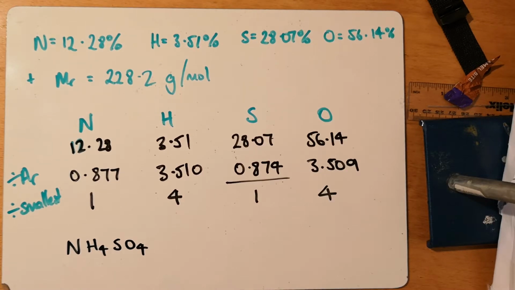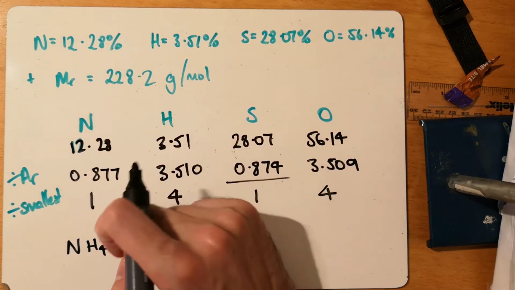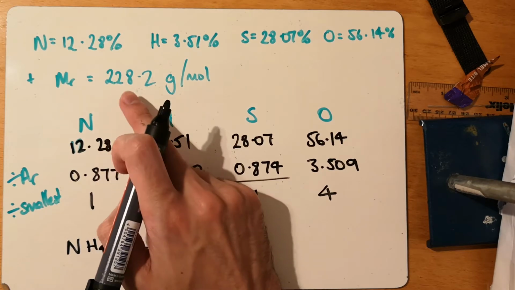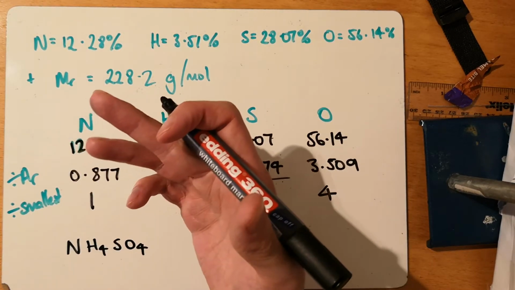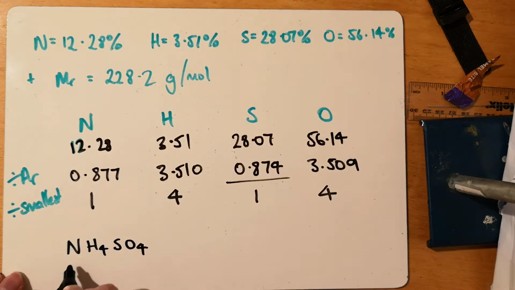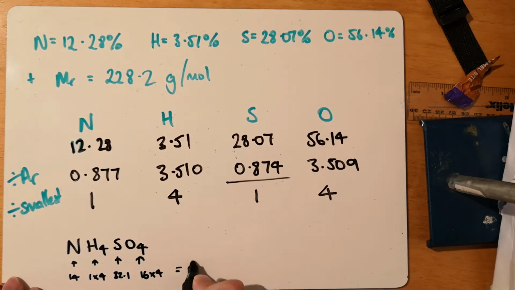What I can do is see, does this empirical formula have the same mass as the molecular formula? Nitrogen is 14, hydrogen is 1, but I've got 4 of them. Sulfur is 32.1, and oxygen is 16, but I've got 4 of them. If I add all those together, I get 114.1.